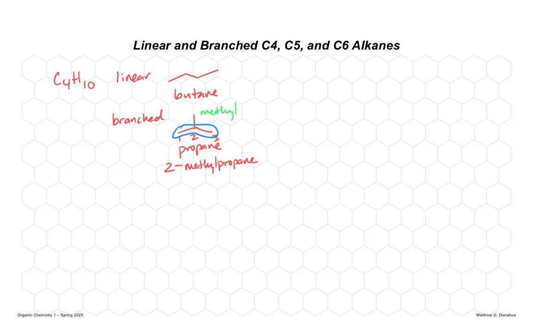So let's do C5. C5H12. We know the parent for 5 carbons is pentane.